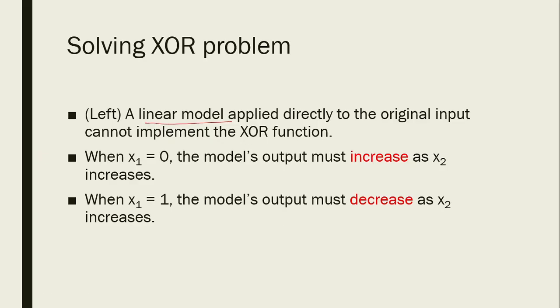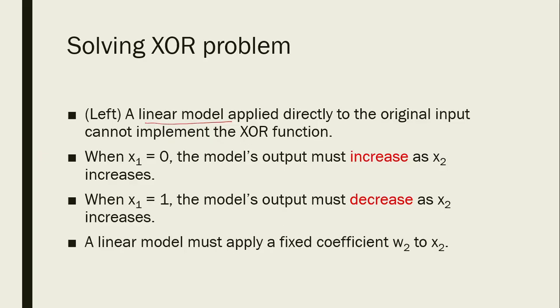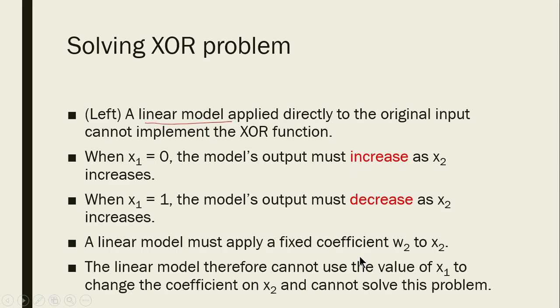When you set a linear equation, the coefficient should be fixed. A linear model must apply a fixed coefficient W2 to x2. The linear model therefore cannot use the value of x1 to change the coefficient on x2 and cannot solve this problem. So in a linear model, we cannot apply this increase and decrease at the same time.